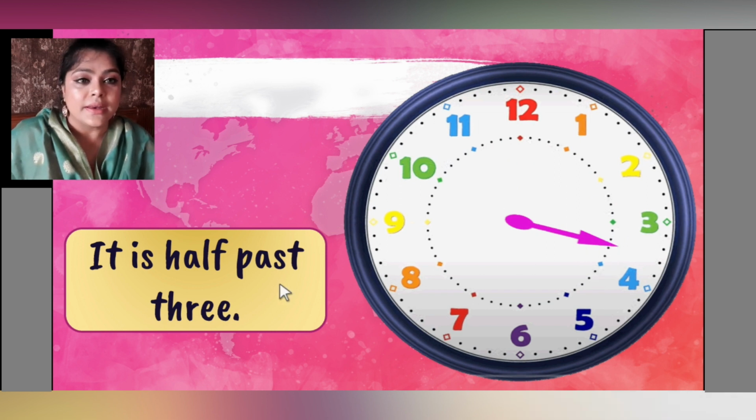Very good. Now the minute hand, half past. Let's see. 6. Okay, so you have to draw the hour hand in between 3 and 4 and the minute hand pointing towards 6. Okay, pause the video and draw. Done. Very good. Next, let's do the next one.